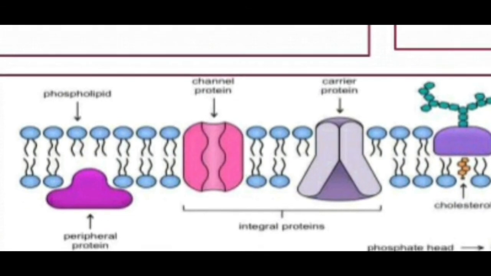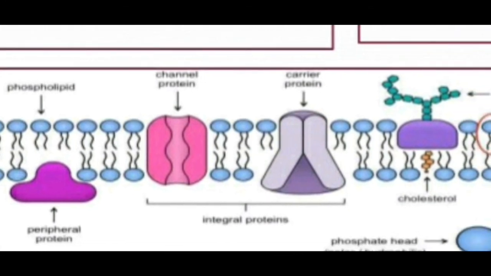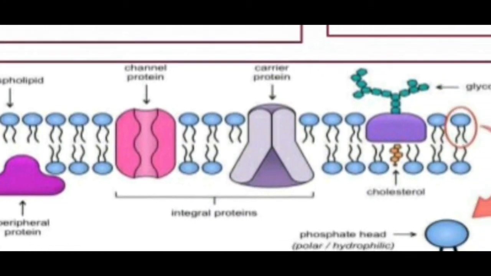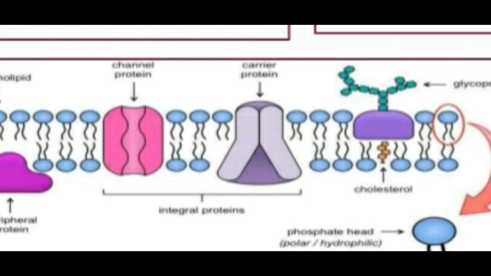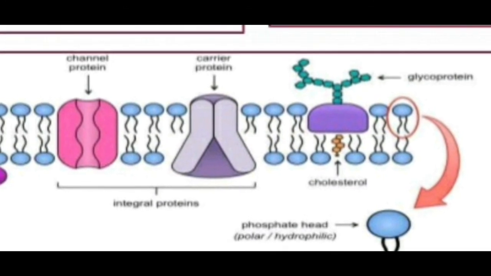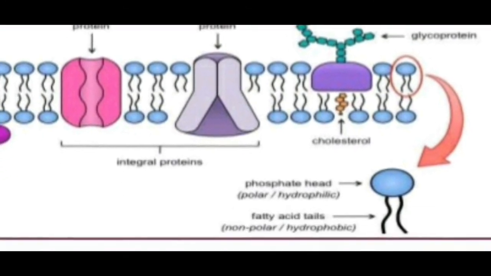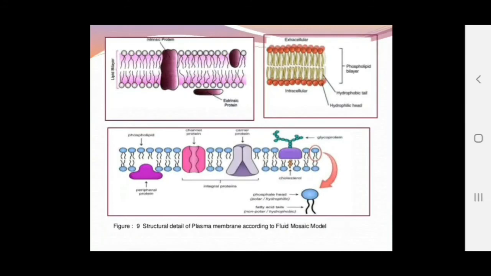The channel proteins form the channel, and the carrier proteins collect or attach to the substance and carry it inside the cytoplasm. That's why they are called carrier proteins. Clear? There are some intrinsic proteins also which allow the entry of certain substances. Clear? This is all about the structure of the plasma membrane.